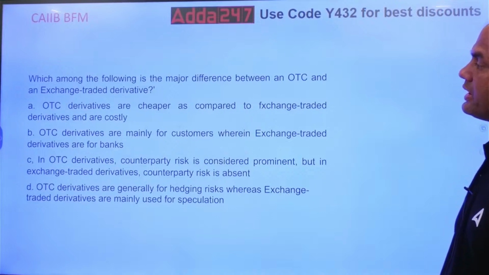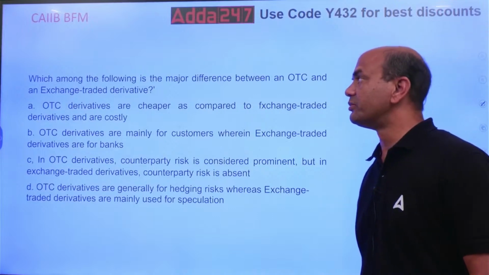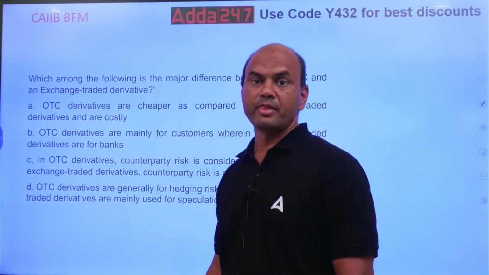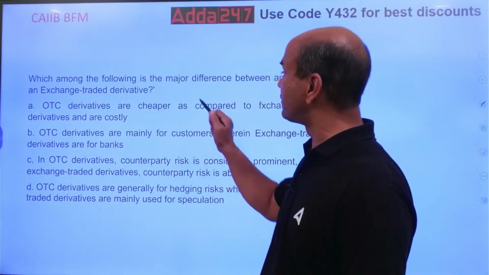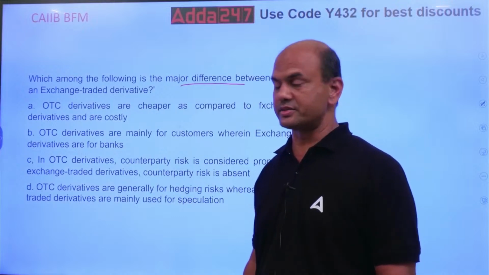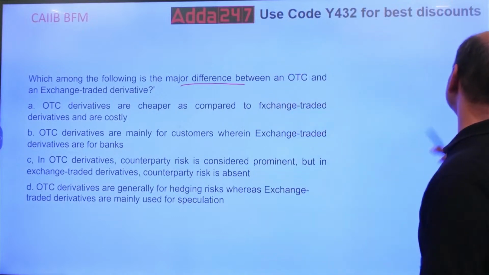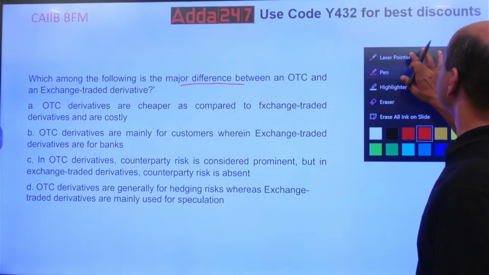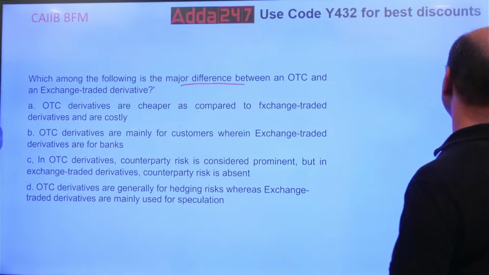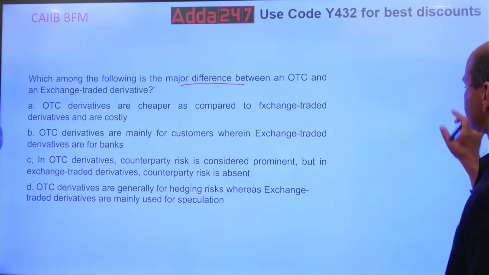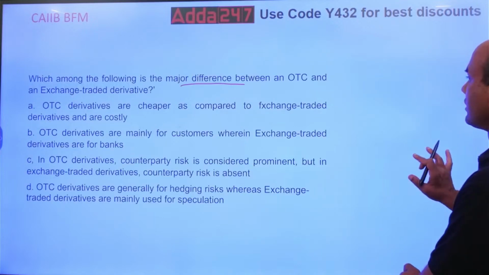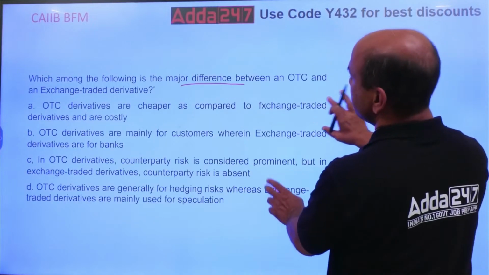Which among the following is a major difference between the OTC and exchange traded derivatives? Which of them is a major difference?